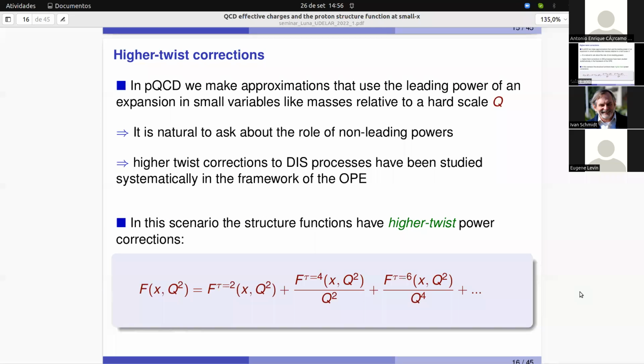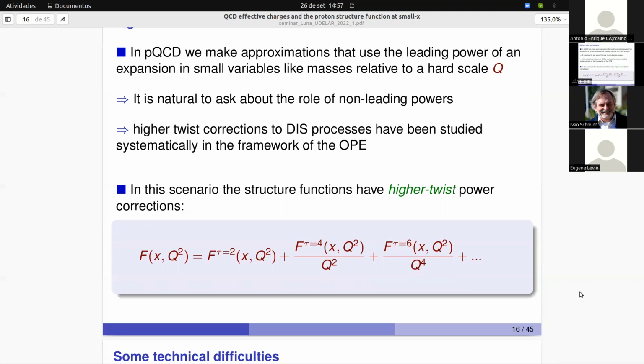That we resume is just to say that the total structure function is a combination of this leading twist. We obtained some time ago a solution for this, and now we have to introduce more terms that are proportional to Q squared, Q to the 4, and so on. The name of these terms is high twist contributions.